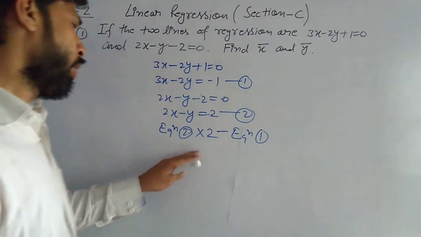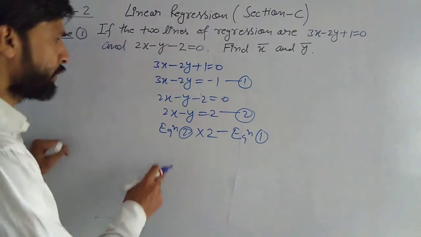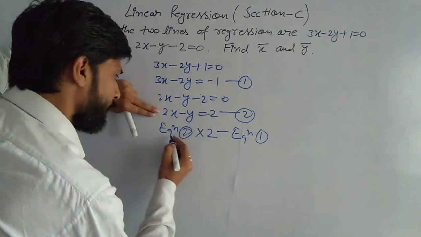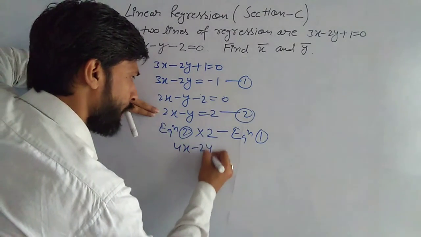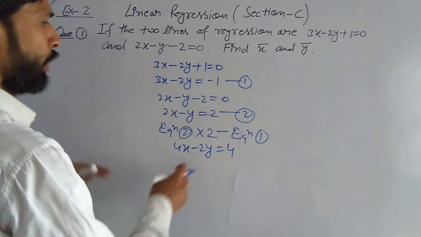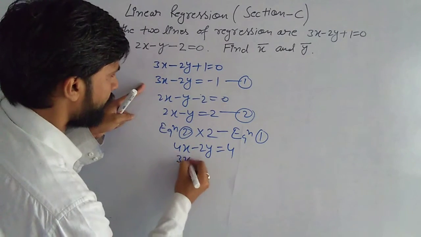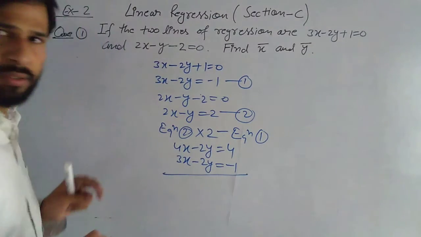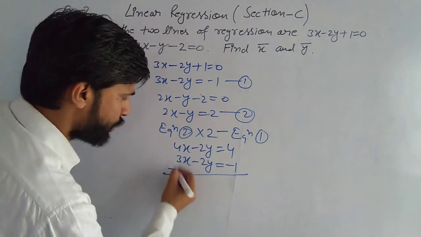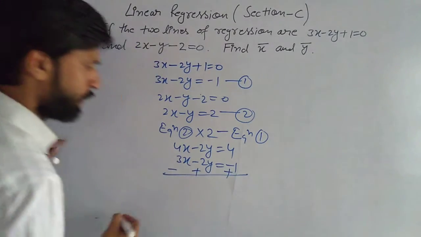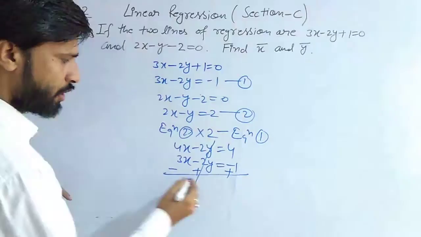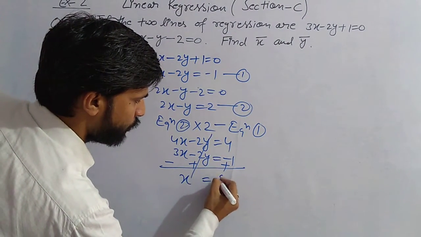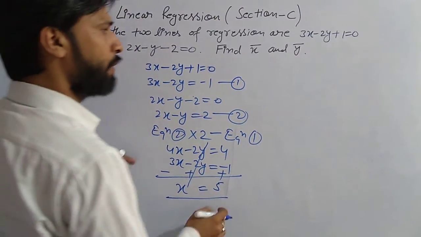Equation 2 multiplied by 2 gives 2 2s are 4x minus 2y is equal to 4. Now equation 1 is 3x minus 2y is equal to minus 1. After subtracting, signs will change, then minus 2y and plus 2y cancel out, 4x minus 3x, then we get x is equal to 5.